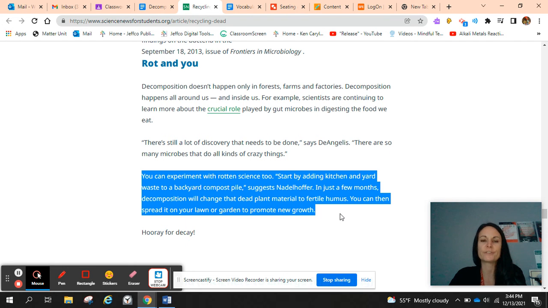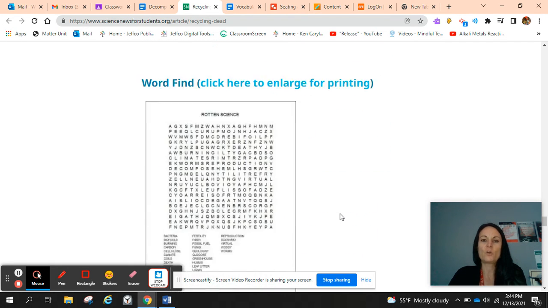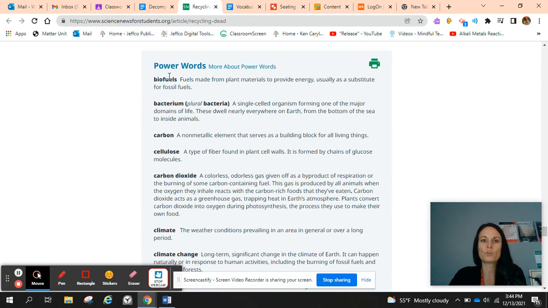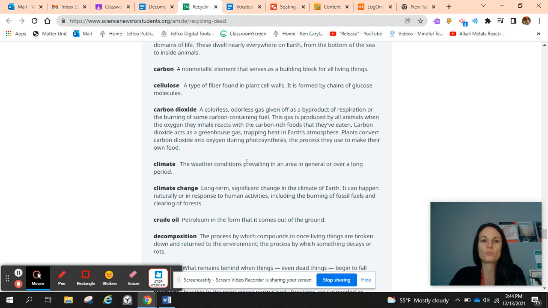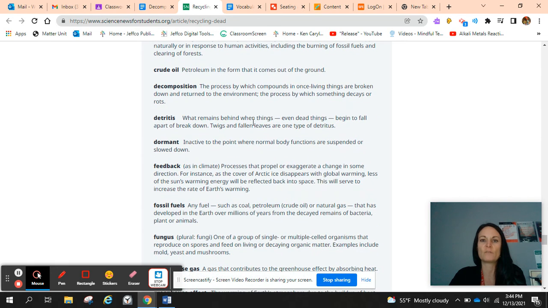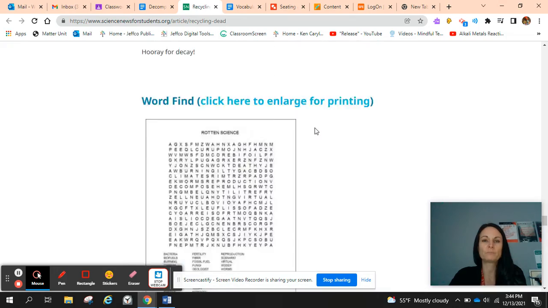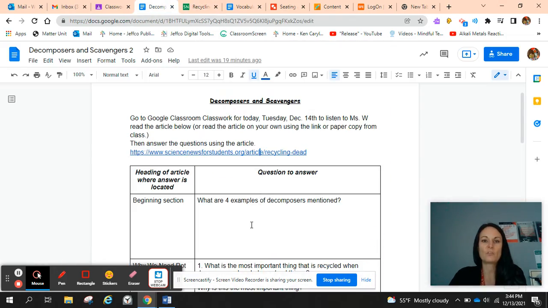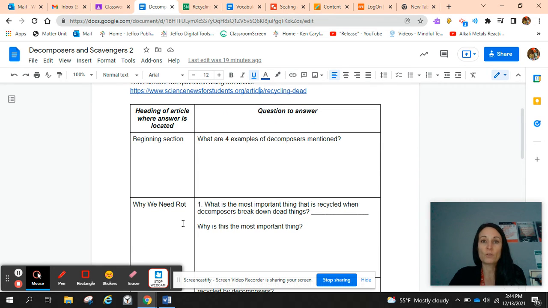If not, no worries. So once again, this article also shows you some of the bigger words that we had used throughout here. If you need to reference any of those definitions to help you, go right ahead. Otherwise, what you will do now is go back to your article, and in order of the sections of the article, you will see the section is labeled.